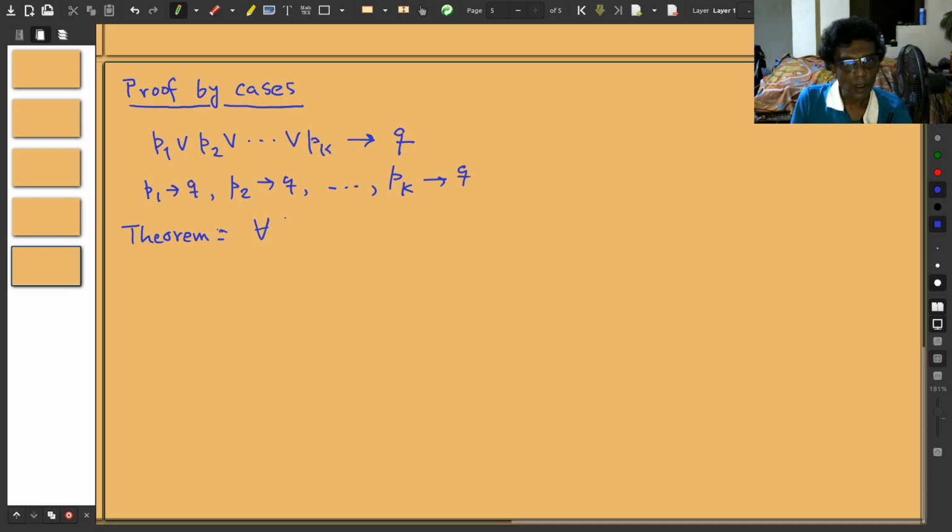For all positive integers n greater than 1, I am excluding the case n equal to 1, 4 to the power n plus n to the power 4 is composite.